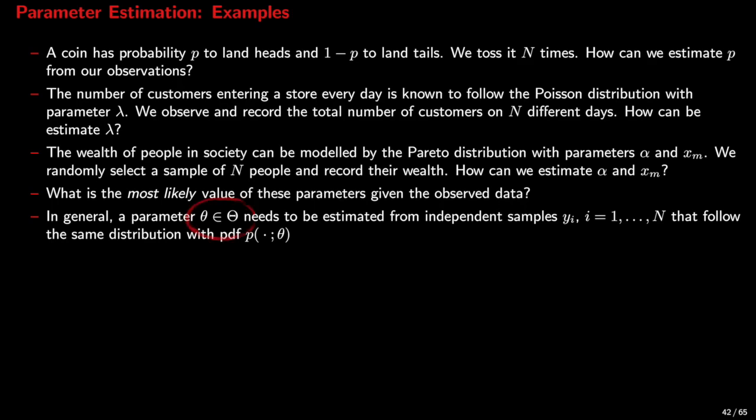In general, a parameter theta, which is drawn from a set big Theta, needs to be estimated from independent samples y_i, for i from 1 to n. And these y_i follow the same distribution with a PDF p, which is parametric in theta.